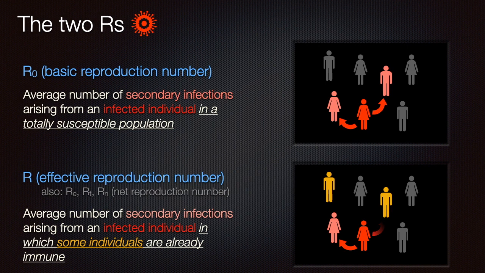For example, these icons in yellow are already immune and cannot pass that infection along. And hopefully it's easy to see how the calculation, or estimation, of R more closely follows what happens in a real infection compared to the calculation of R0.